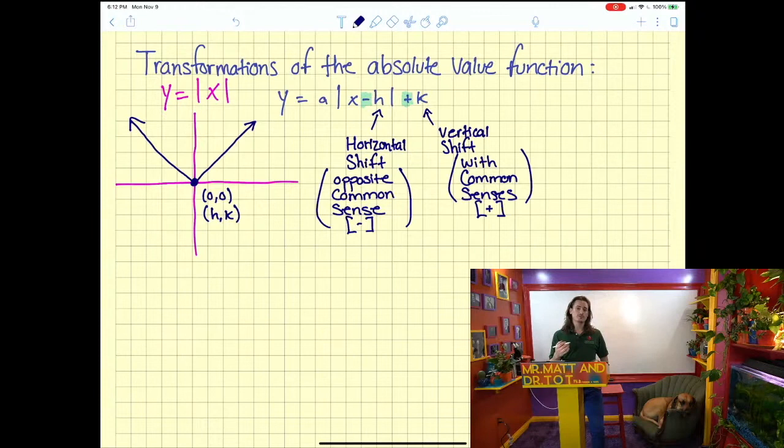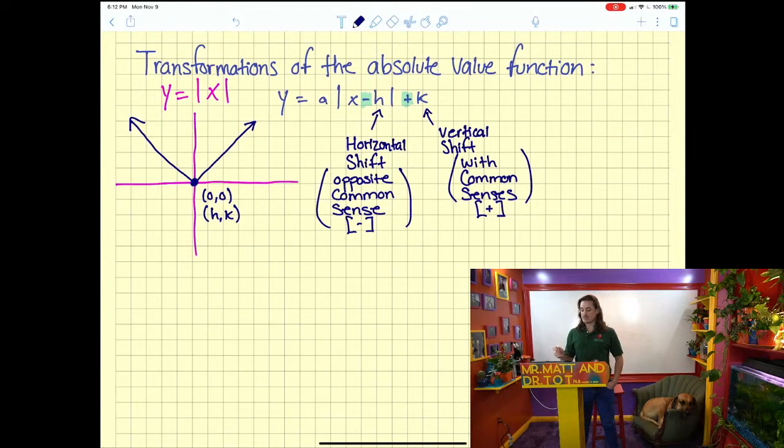Normally, in reference to the x coordinates, -3 would usually mean left 3, because the negative values are to the left of 0, right? But it's opposite common sense. So if you had x minus 2 inside of the absolute value bars, that's actually a shift right 2.